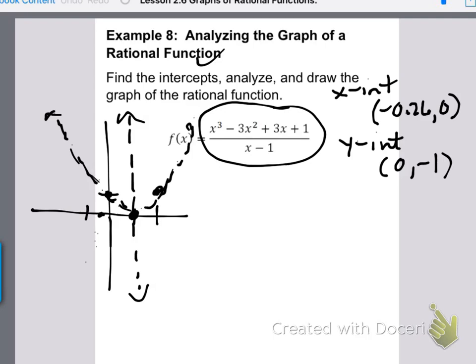As you see, your y-intercept is 0, negative 1. So your graph kind of hugs along there, and then it kind of goes down like that. That's the first piece. The other piece really kind of goes in here. All right, so that's what you're going to see in your calculator.